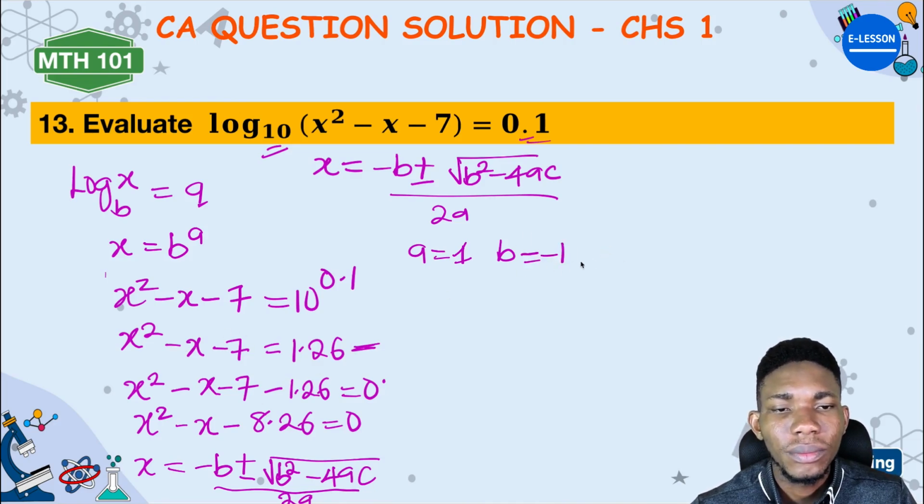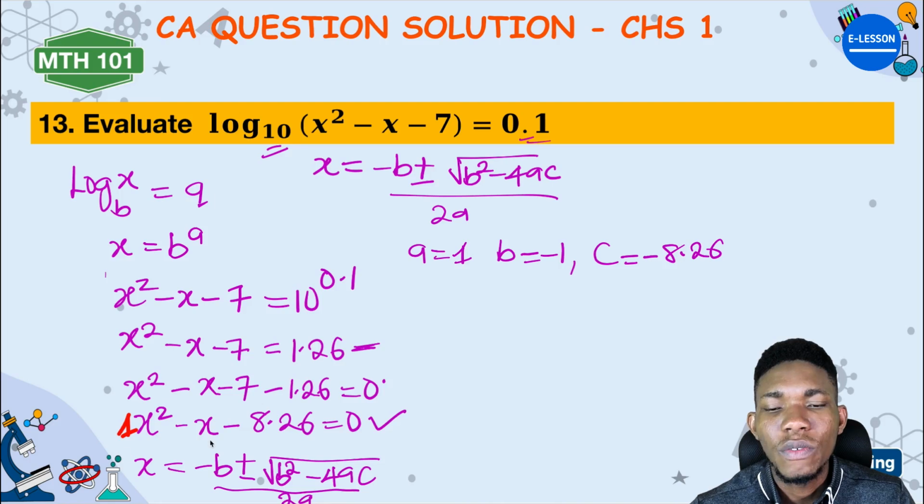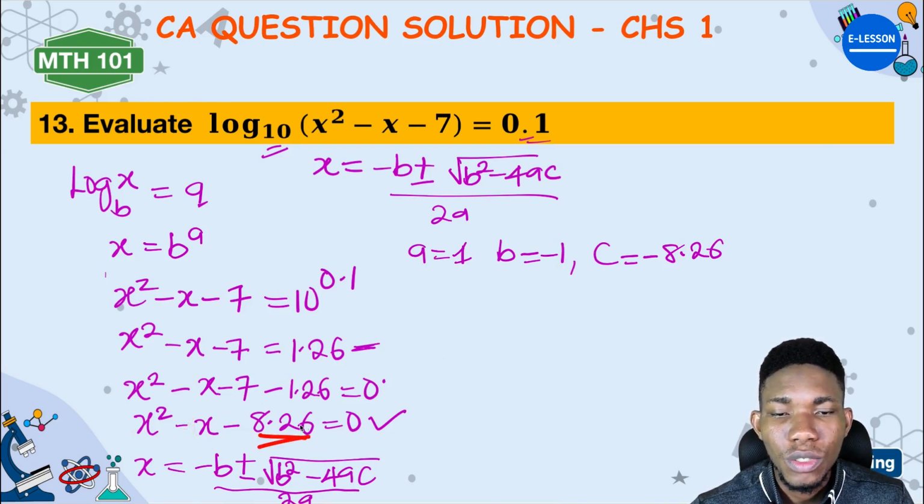Then c is equal to minus 8.26. x has 1 as its coefficient, you can't see it. This one also has 1 when it's standing on its own. Because of this negative, you put negative 1 for b. c is this constant here, minus 8.26.